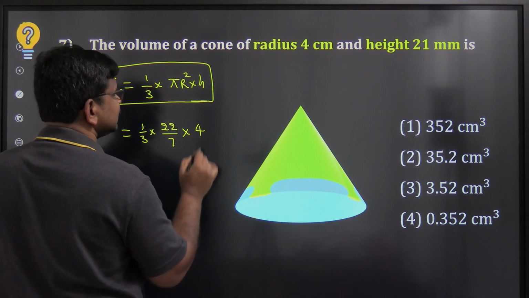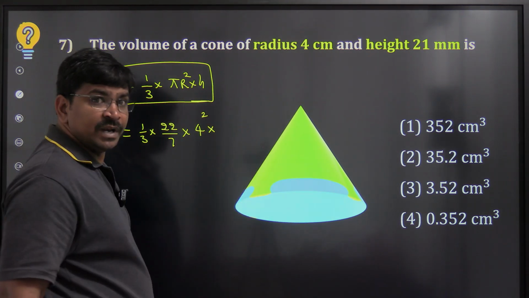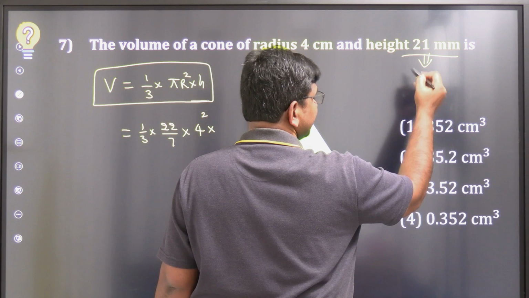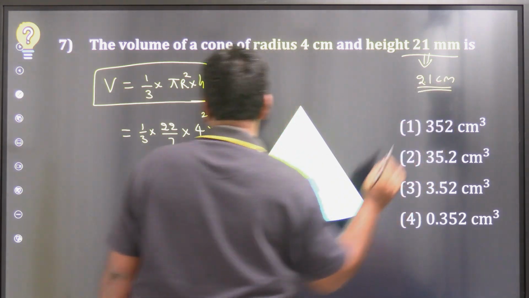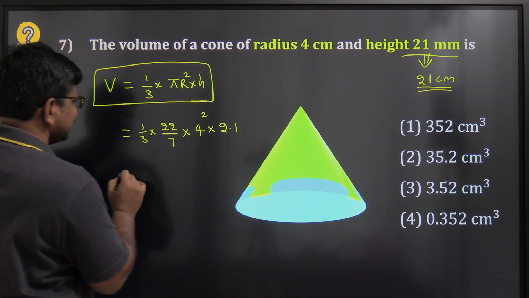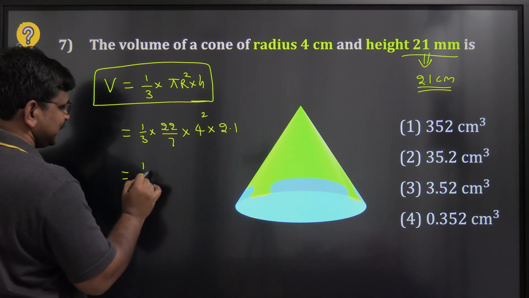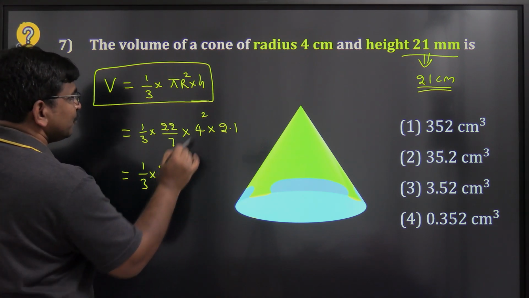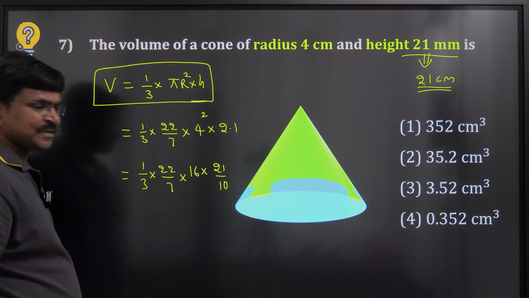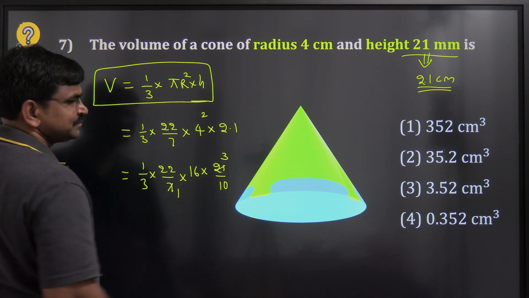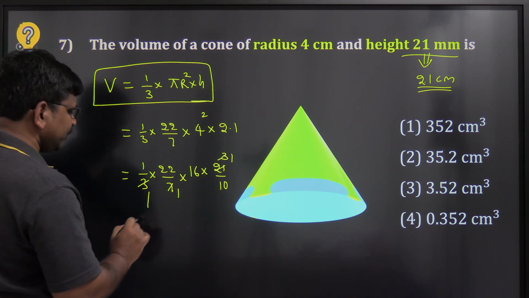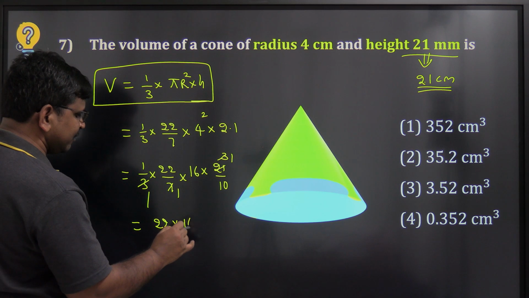Now, 4 square times height, which is 21 millimeter. Convert this into centimeter. By converting, I divide by 10. So 2.1 centimeter. And now you can observe one thing. See, 1 by 3 times 22 by 7. 4 square is actually 16 and 21 can be written as 21 by 10. 7 times 1, 7 times 3, and 3 get cancelled, and we are left with 22 times 16 divided by 10.